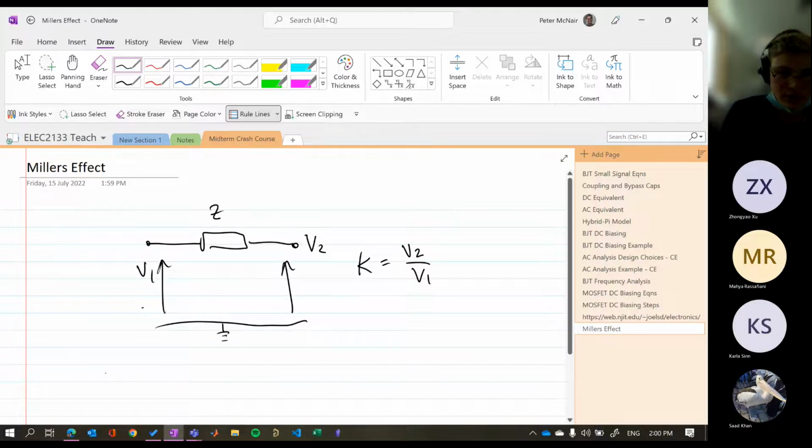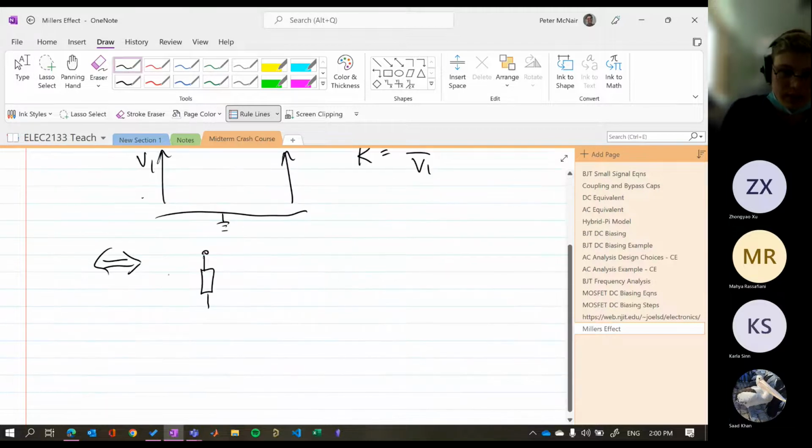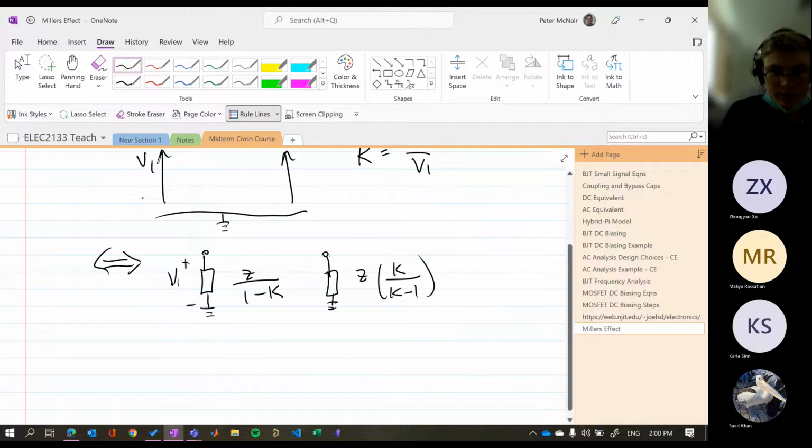What we can do is turn this into something exactly equivalent: V1 across an equivalent load which has been scaled down by 1 minus K, and V2 across an equivalent load scaled by K on K minus 1, plus or minus V2.